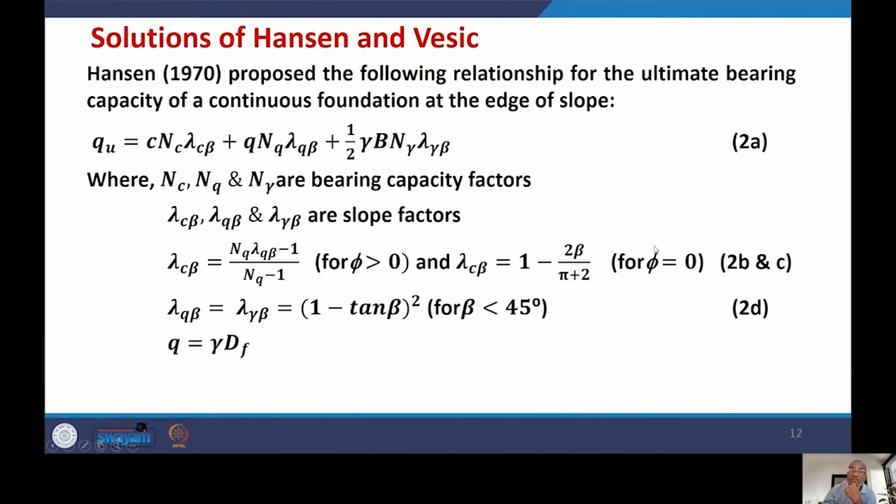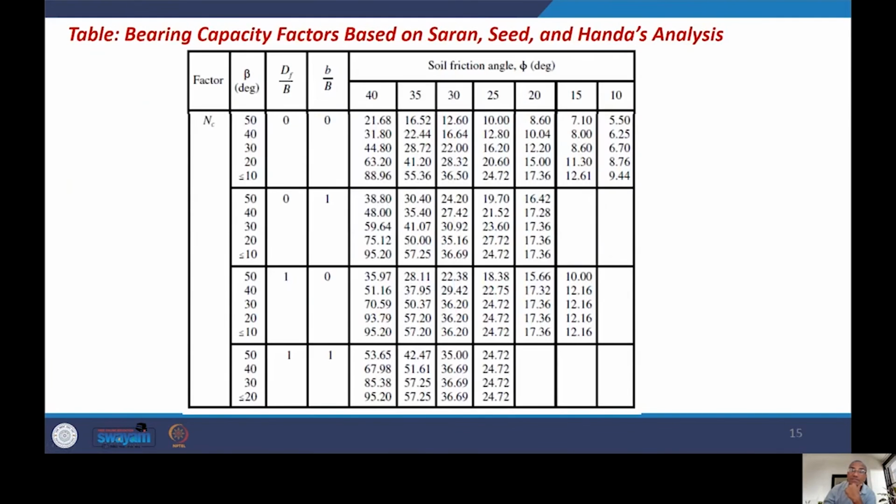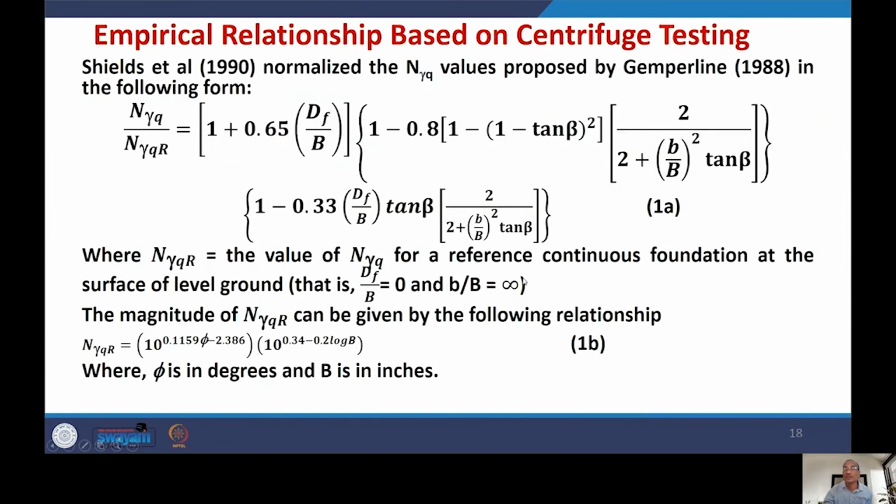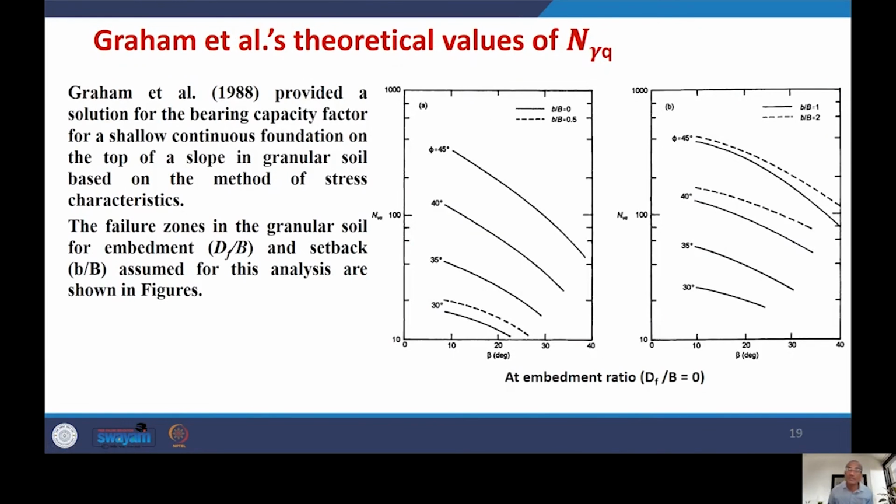So the effect of setback distance is shown in this figure, and that effect in this table. The effect of setback distance is simply that for the same value of phi, when the setback distance is higher, for example b/B equal to 0.5 instead of 0, then for the same value of beta, an increase can be seen.